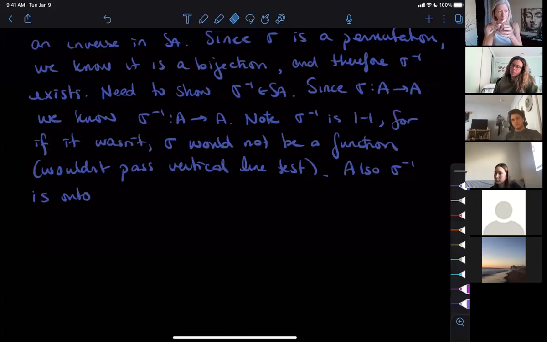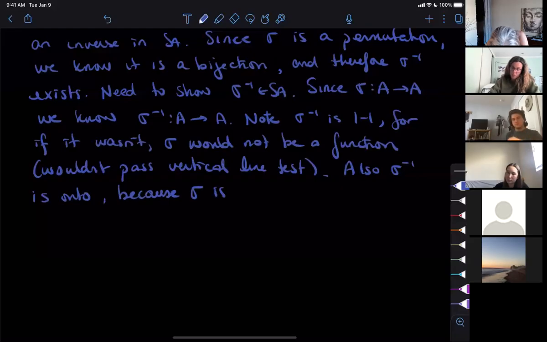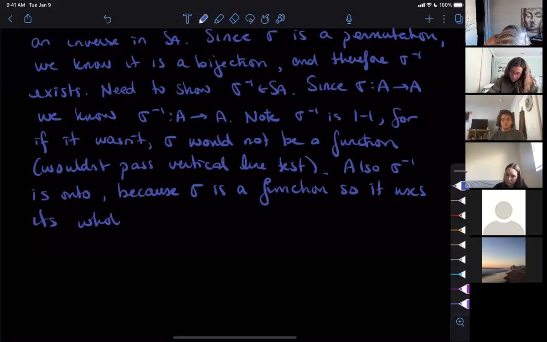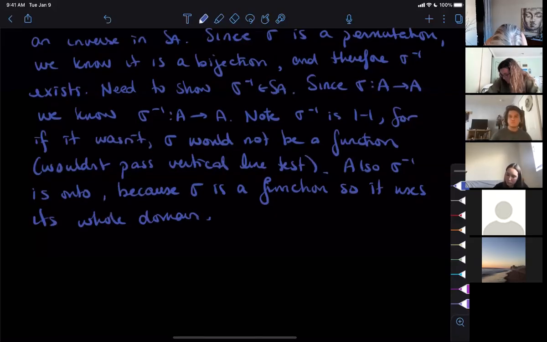It'd be something over here that didn't manage to go anywhere with sigma. Maybe you were going to divide by 0 or something like that. But sigma being a function means it uses its whole domain, which means sigma inverse is onto. Thus sigma inverse is an element of S of A, and we have a loop.